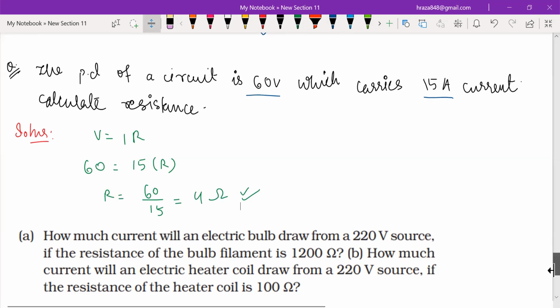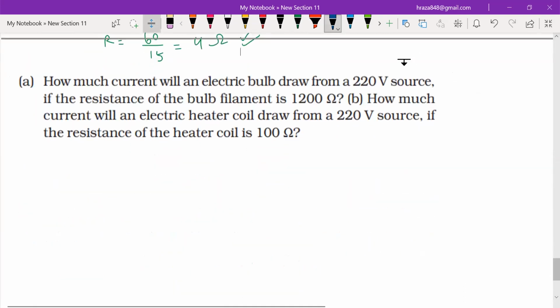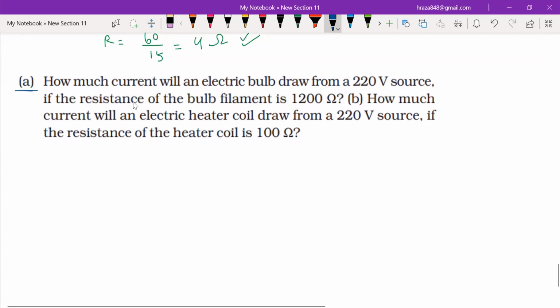Now you are going to do this question. It has two parts, A and B. How much current will this be drawing?